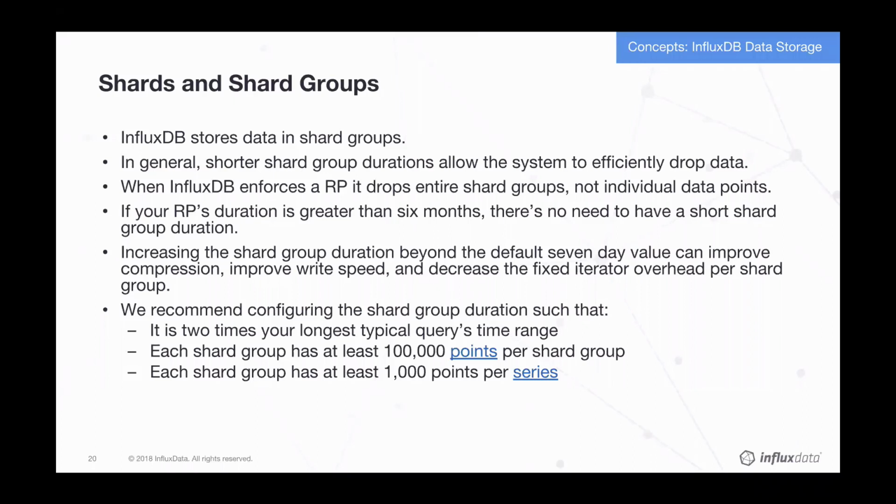And now I want to figure out just how many tags I can assign when I'm creating my database. This is kind of what I was talking about earlier. You can use these considerations to figure out how many tags you want. Well, you can say, okay, I have 25,000 points that I am gathering in a month, which is my shard group duration, because that's what I'm interested in querying.